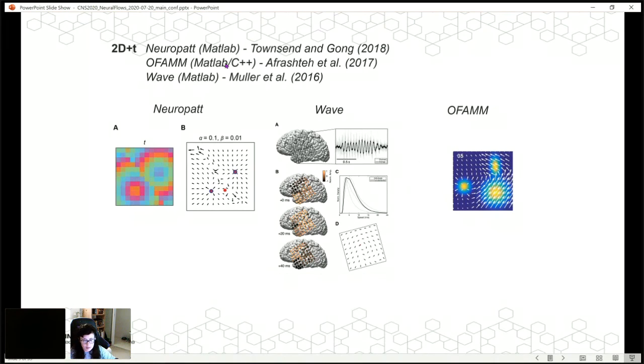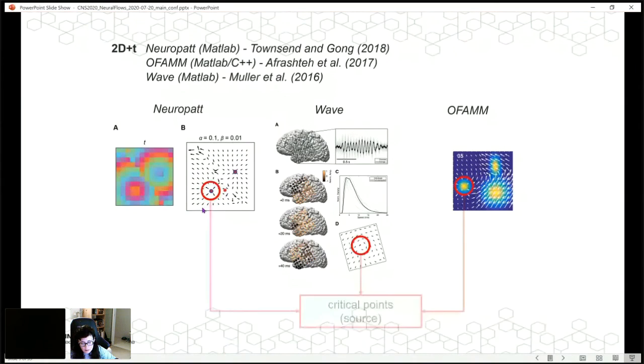Here are some of the important references: NeuroPath in 2018, O10, which is MATLAB and C++, in 2017, and WAVE, which is a collection of functions that Lyle Mueller published with the eLife paper on the rotating waves. We can see that we have some activity that is then transformed into these vector fields, and all of them share this approach.